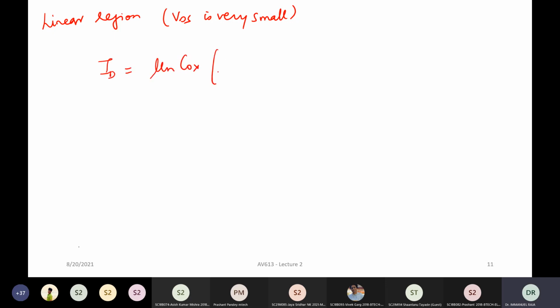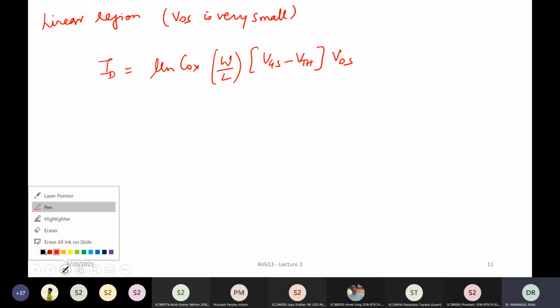Let's say in the linear region where VDS is very small, the current expression can be written as mu n Cox W by L (VGS minus VTH) into VDS, right?